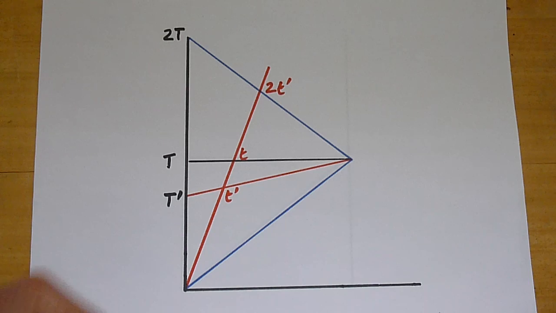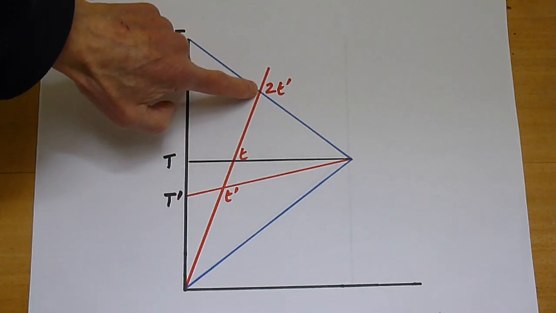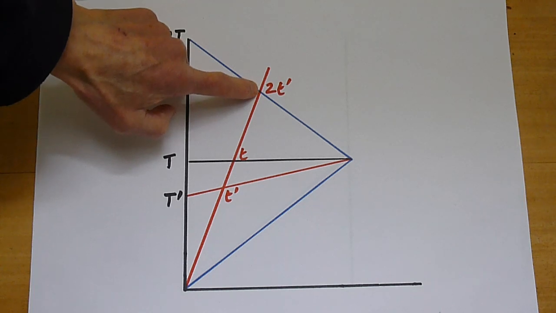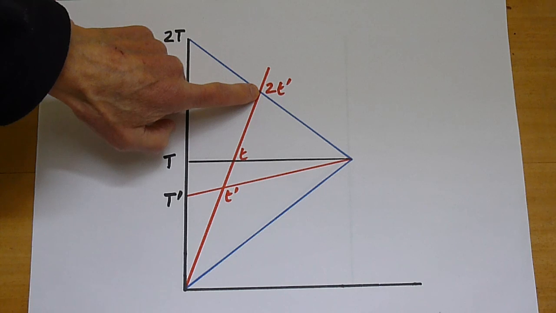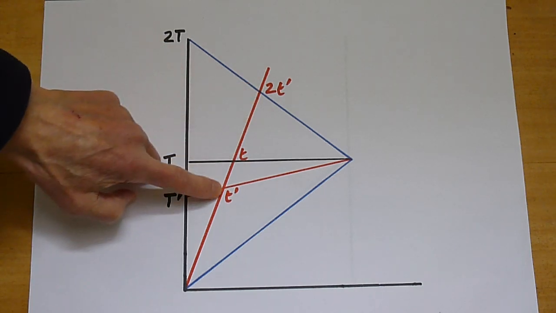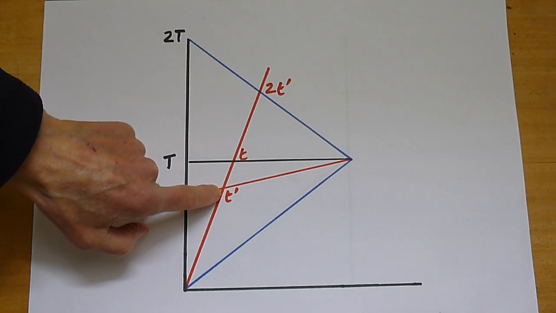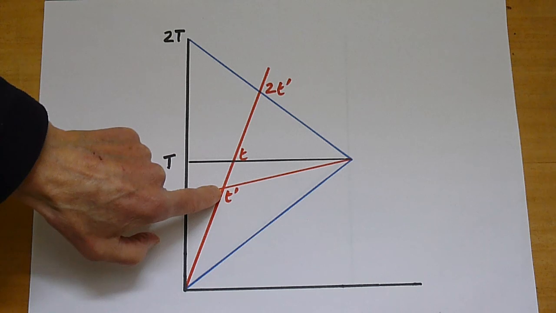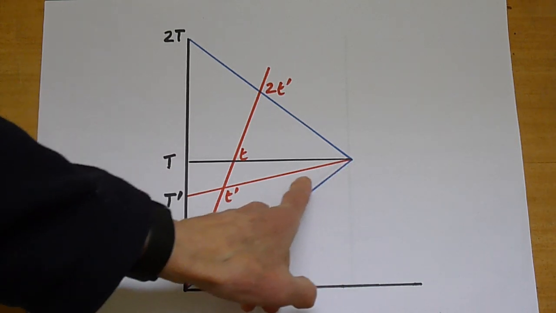Now from your point of view, you receive the pulse back here, so we'll call that 2 little t dash. You know it hit the mirror halfway through that total journey, so that would be little t dash. So for you that is a line of simultaneity, so it's different to mine.